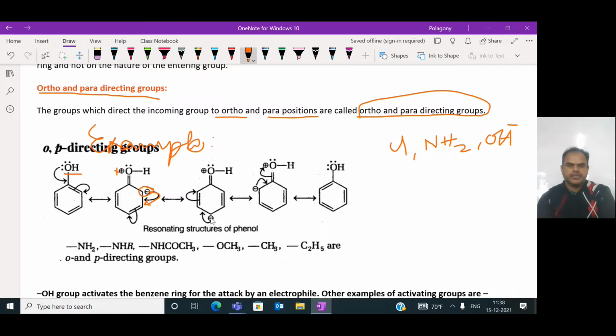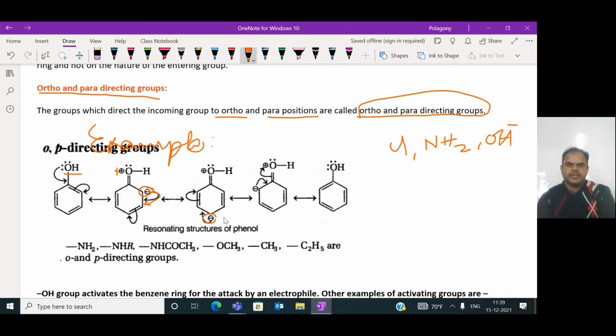Then the pi electrons move to the fourth carbon, the para position. When the electrons are localized on the fourth carbon, if the electrophile attacks this carbon, we get the para compound.